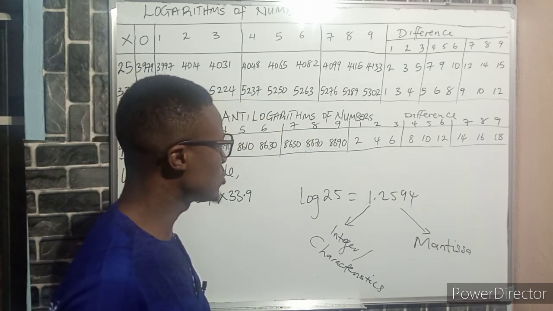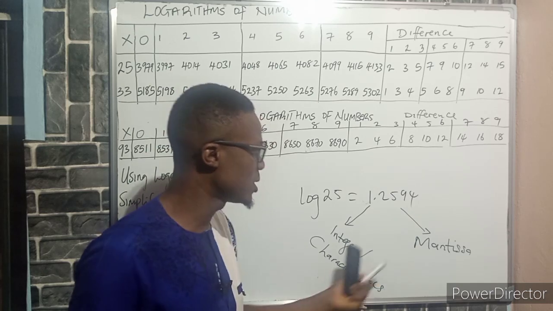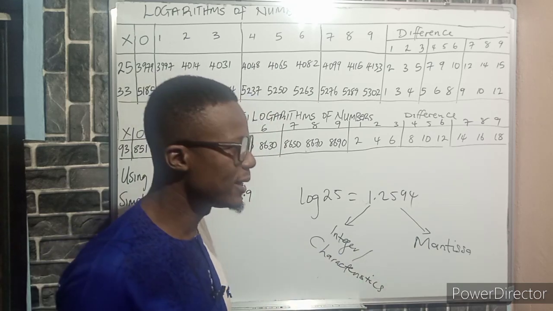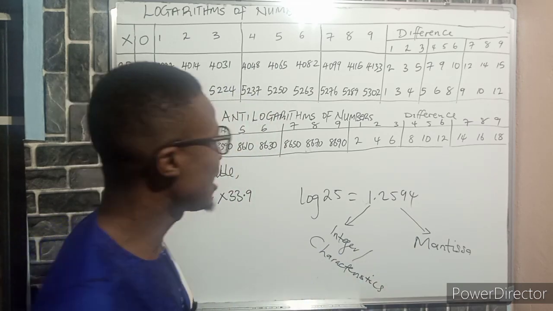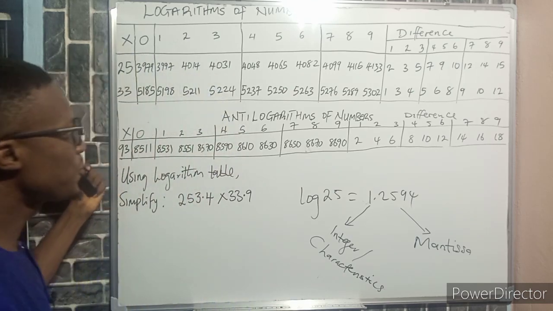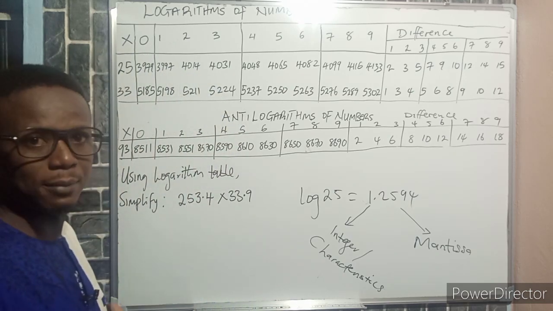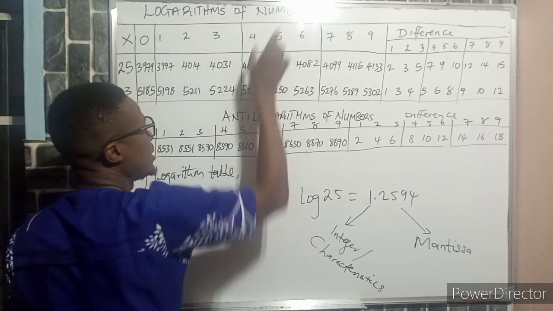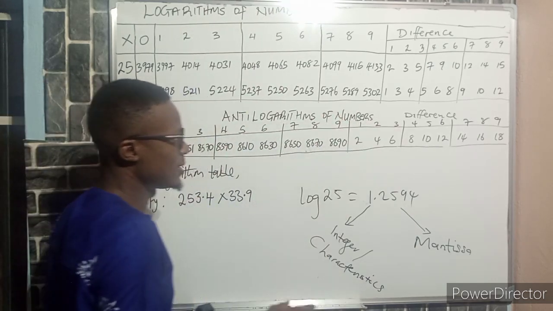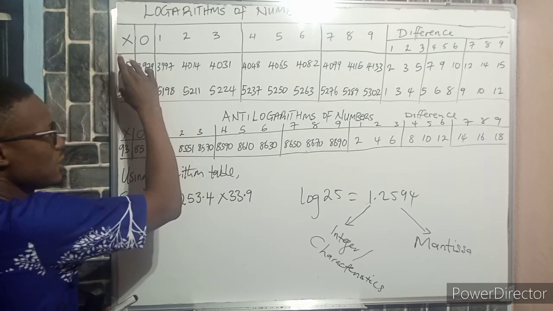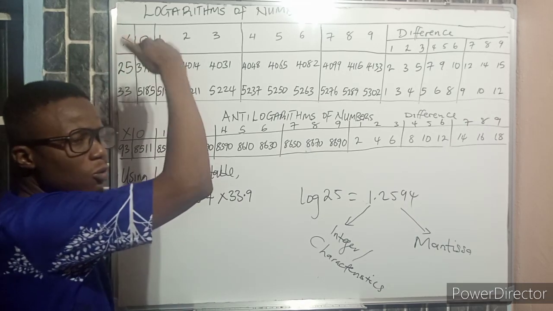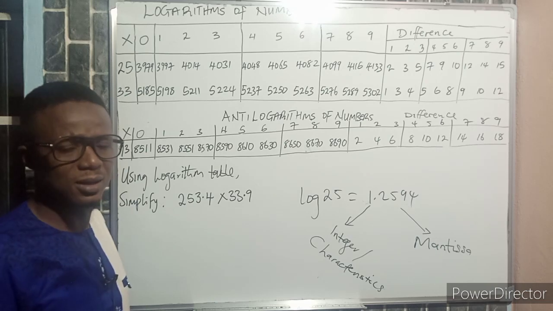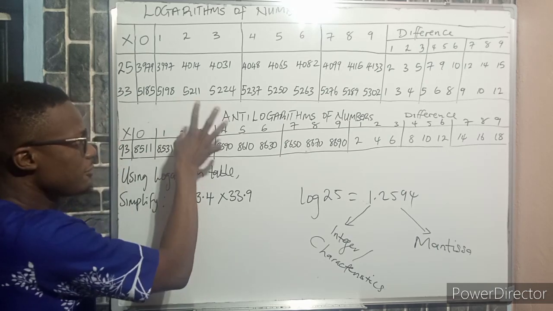So today I'm going to teach you how to get the characteristic and the mantissa in finding the logarithm of numbers. And I've carefully designed a logarithm table. If you have a 4-figure table or at the back of your mathematics textbook, you will see a table written logarithm of numbers and anti-logarithm of numbers. I just selected a few numbers because it ranges from 0 or 1 to 99.